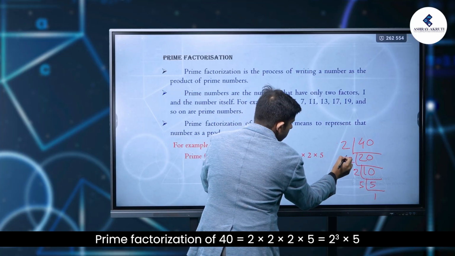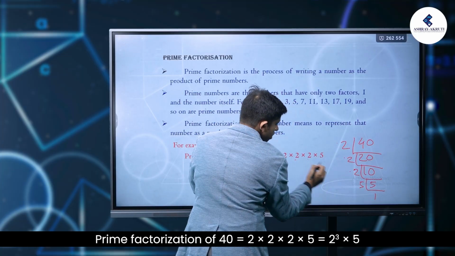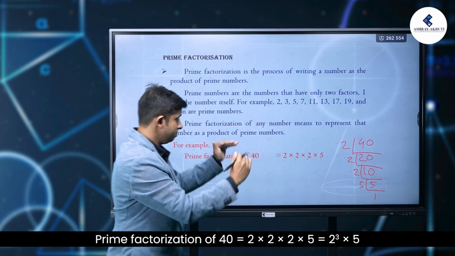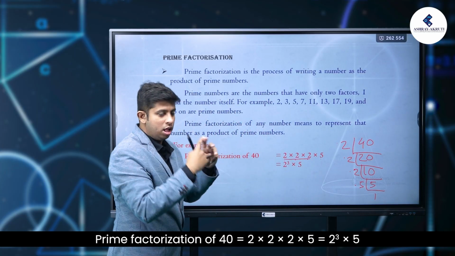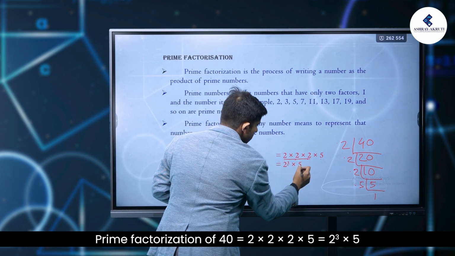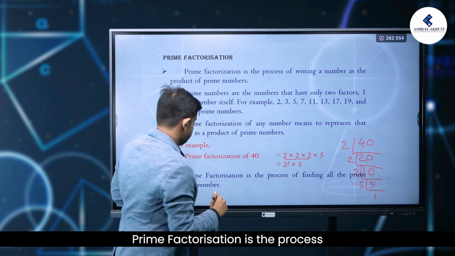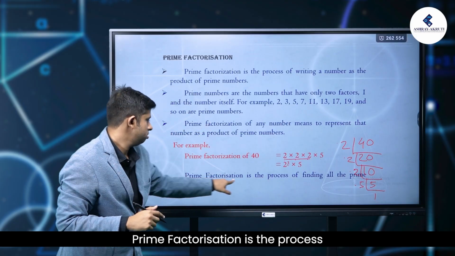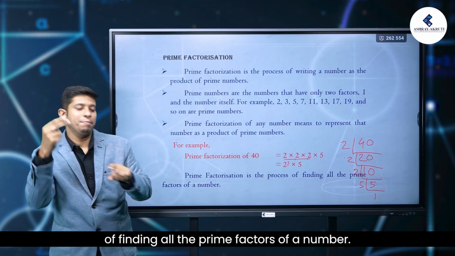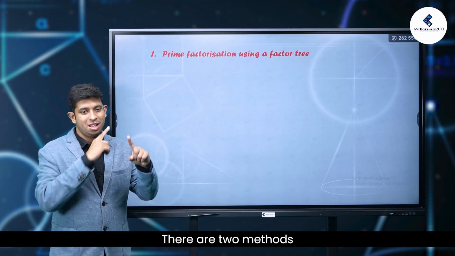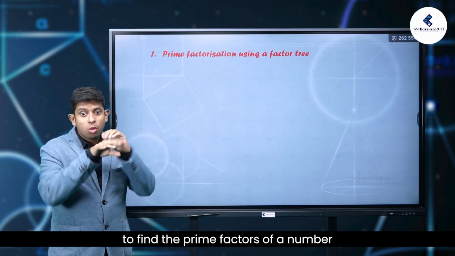Prime factorization of 40 is equal to 2 into 2 into 2 into 5, equal to 2 cubed into 5. Prime factorization is the process of finding all the prime factors of a number. There are two methods to find the prime factors of a number.